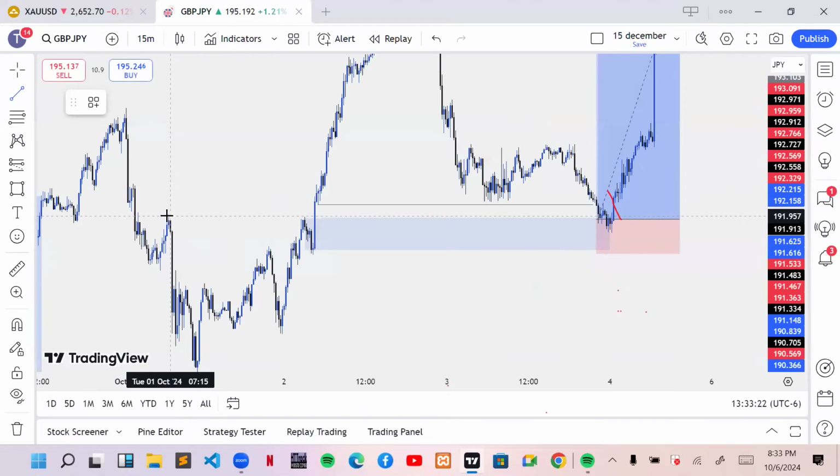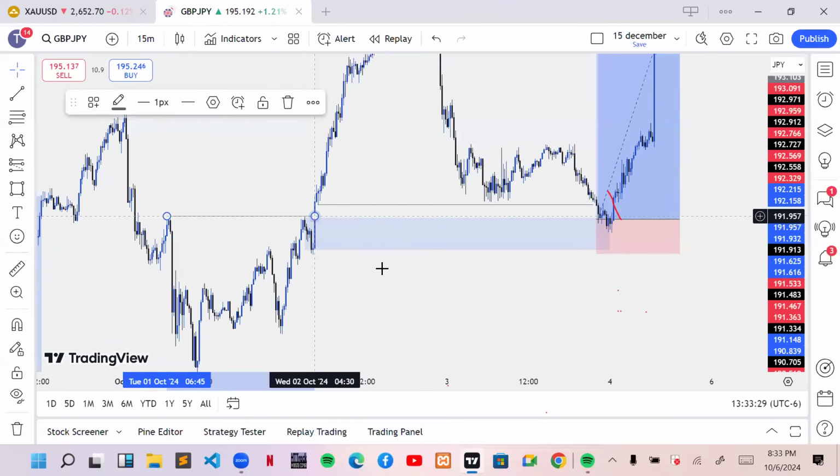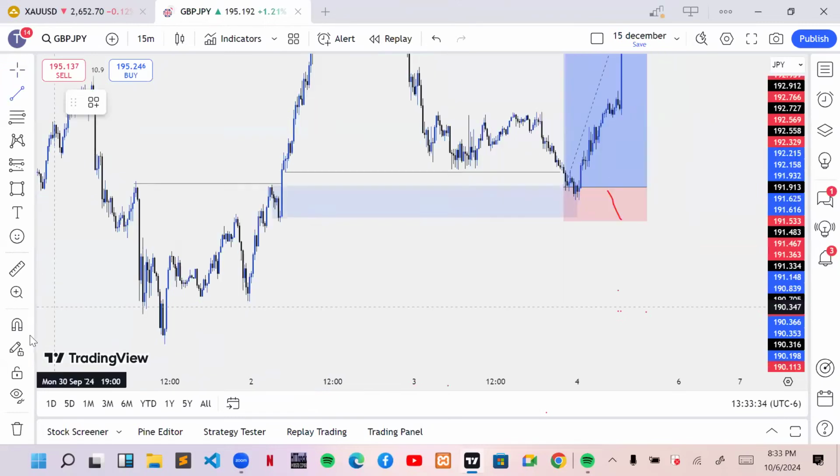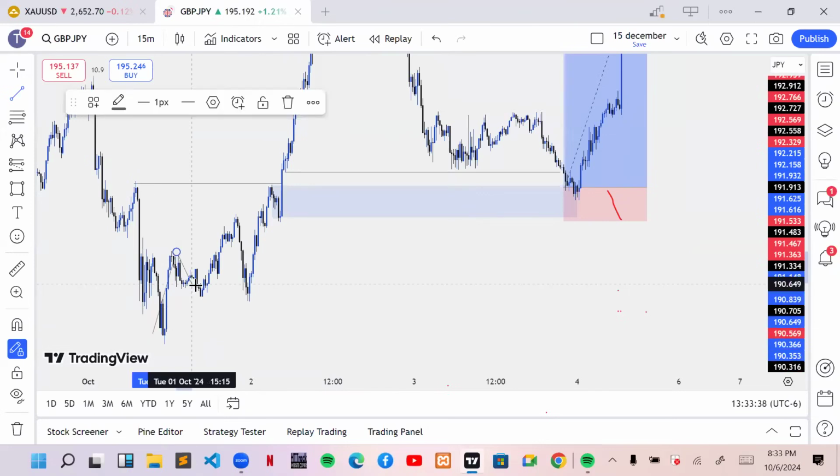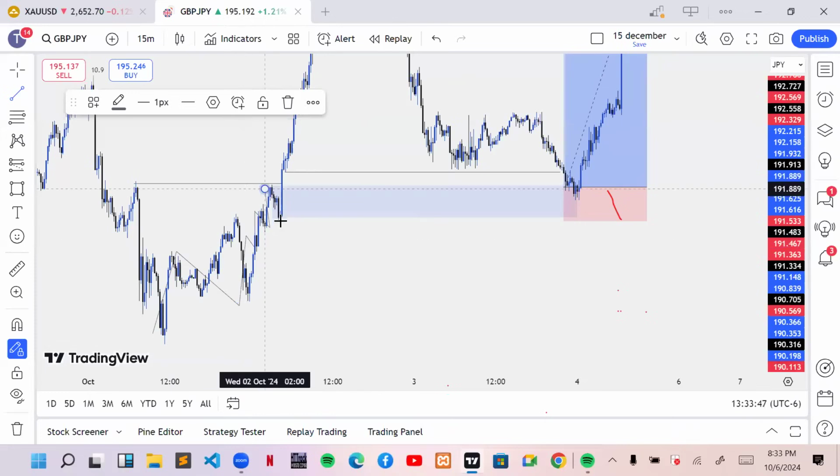You can clearly see this was a resistance level in the market, right? And then the market was making higher highs and higher lows, which you can clearly see from this. Higher highs and higher lows, higher highs and higher lows. Then what did it do?